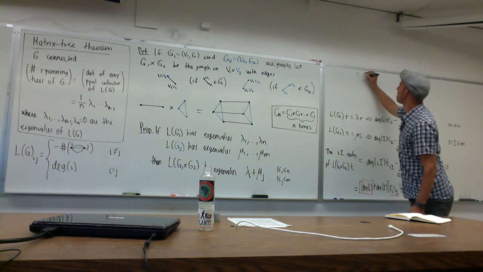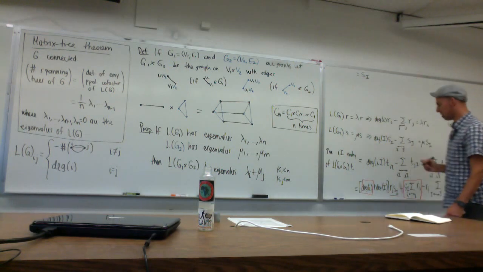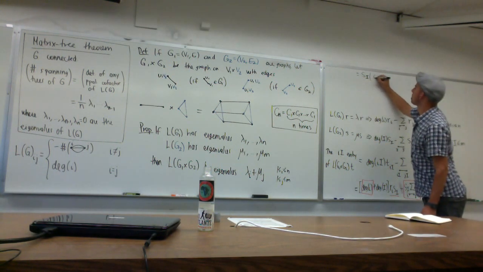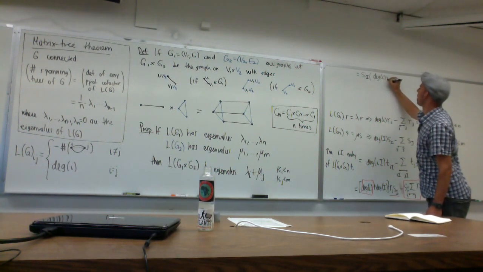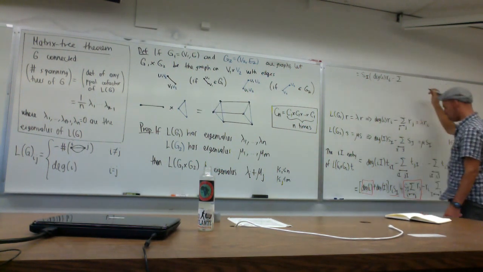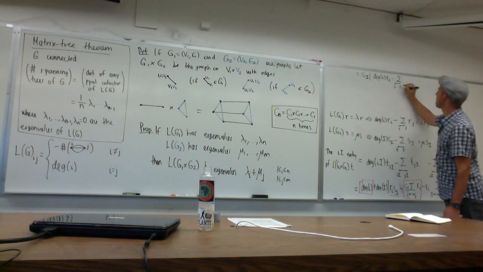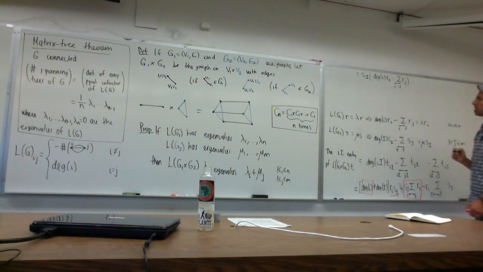So we get capital S i times degree of i, R i minus sum over the neighbors of i of R j, okay?